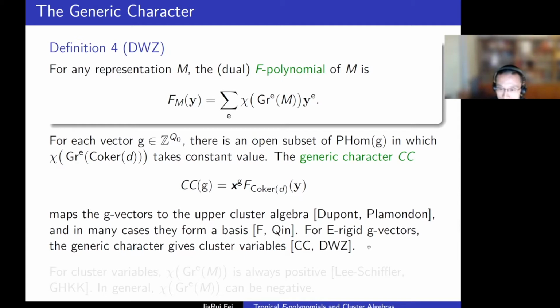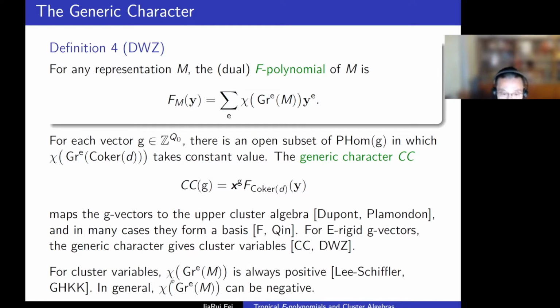I'm not stating those things in historical order, because actually Caldero and Chapoton first gave this kind of formula, but for a very small class of quivers. Later Derksen, Weyman and Zelevinsky generalized it to a very large class of quivers with potential. And I want to point out that this Euler characteristic is not always positive. They're only positive for cluster variables. In general, they can be negative.